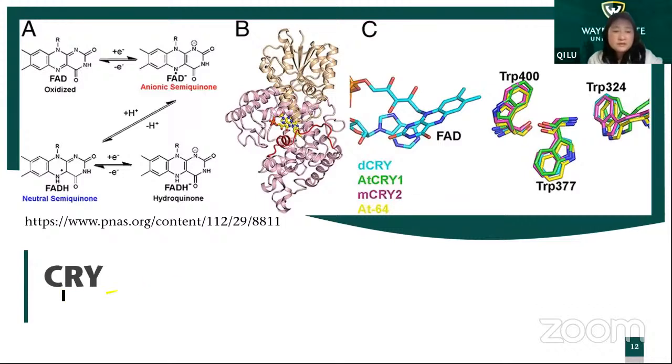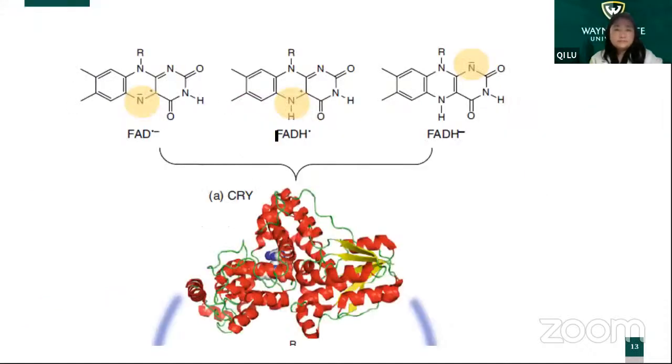So first, let's talk about the CRY. The CRY's chromophore is bound in the center pocket. And this is the large residue, maybe pretty large. The most important part is this position 5.